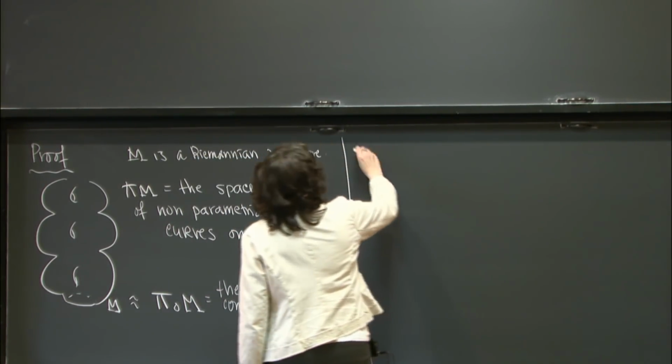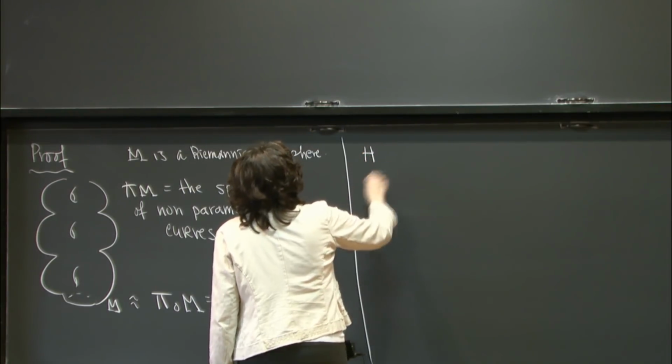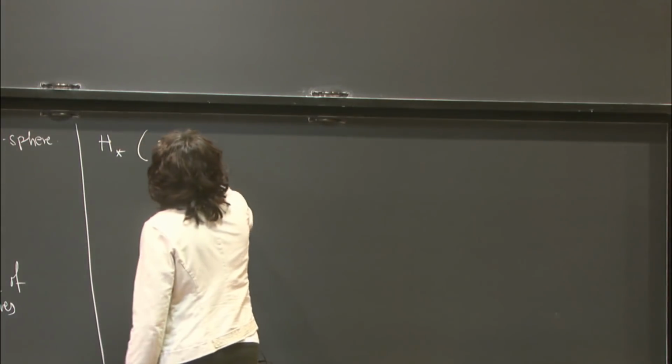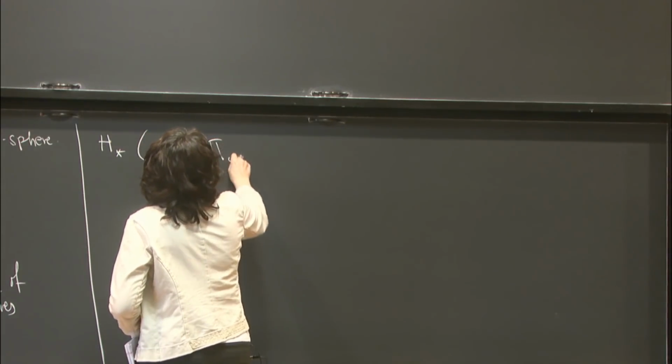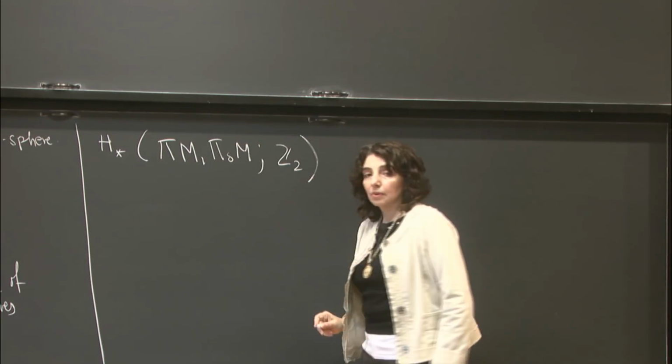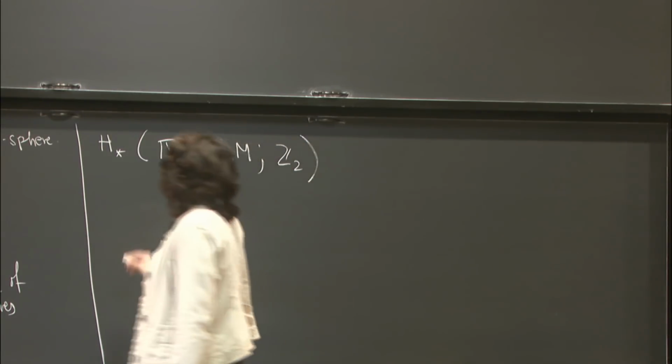We now consider the relative homology with coefficients in Z2. Okay, so in fact we consider it in dimensions 1, 2, and 3.